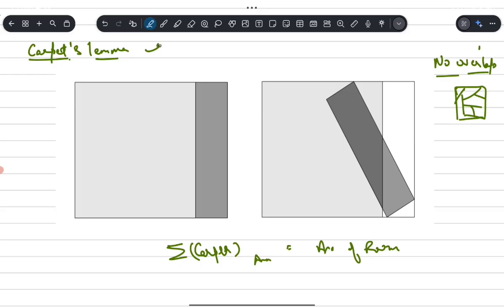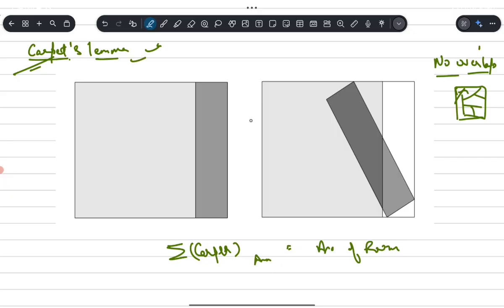The lemma says that if I move a certain carpet, even if you think of it naturally, it doesn't take a lot of brains to understand that there would be some sort of overlapping, and there would be some empty area left as well if I move any of the carpets.